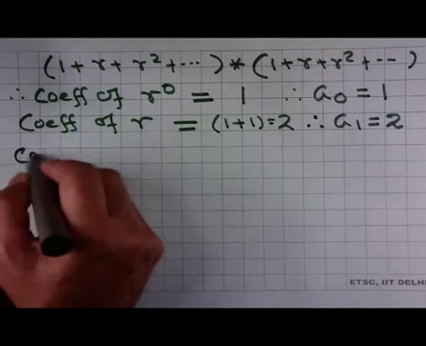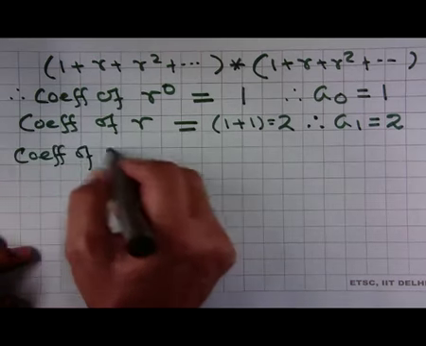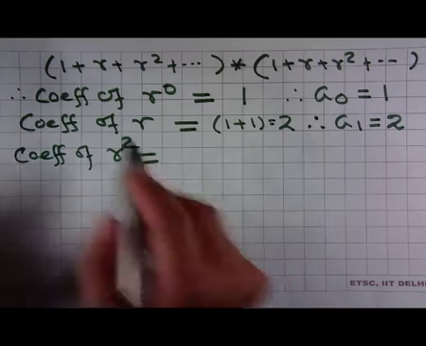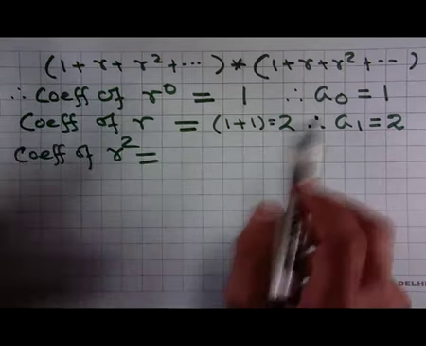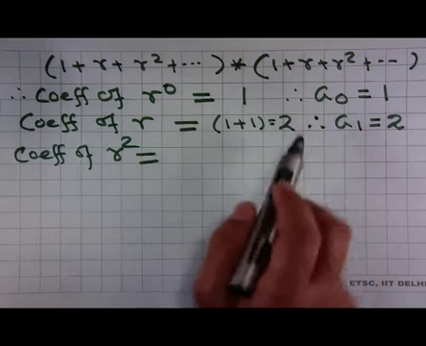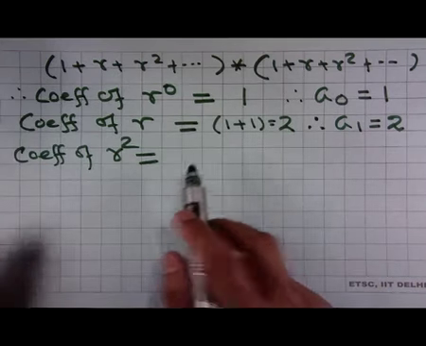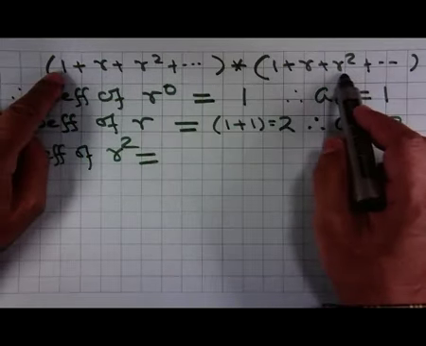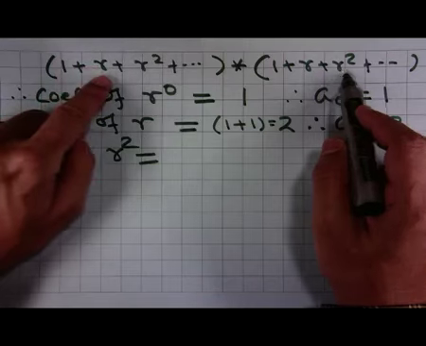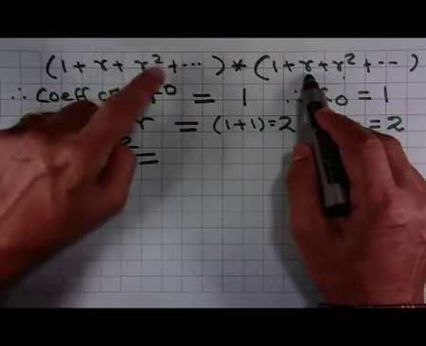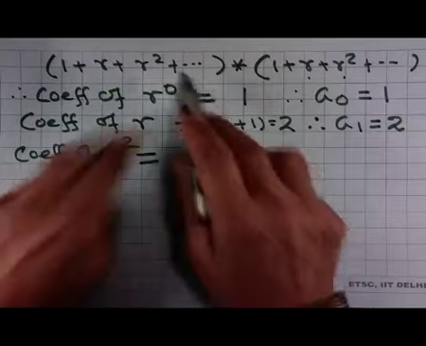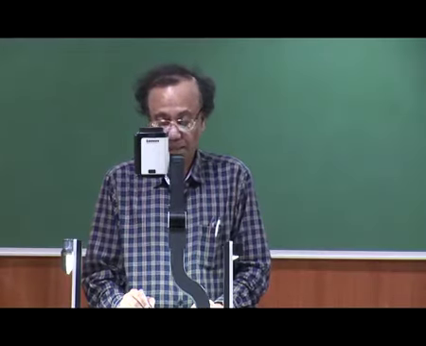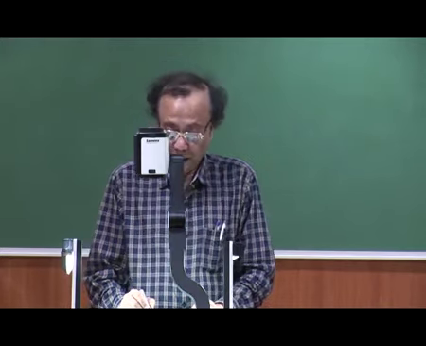What is the coefficient of r square? We can compute r square in three different ways: 1 into r square, plus r into r, plus r square into 1, because other terms are higher powers of r and none of them will contribute to r square.